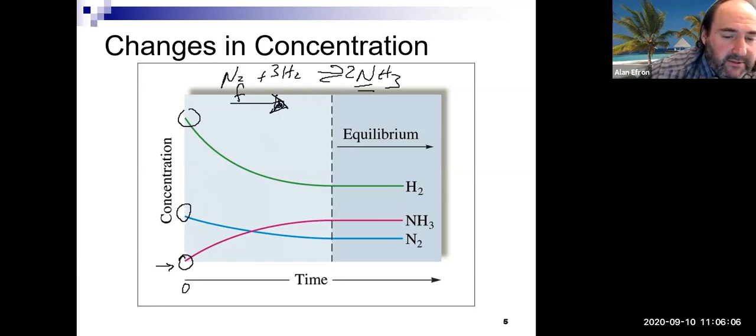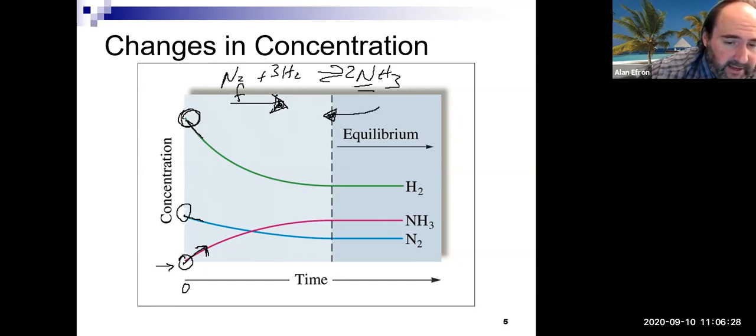And as we start to make some products, we see a decrease in the amount of reactants, and an increase in the amount of products being made. At some point, enough products will be made that the products will start to go, I'm going to head back this way.